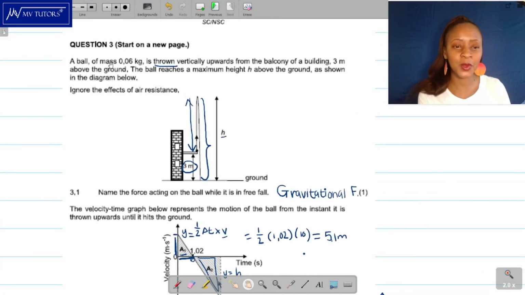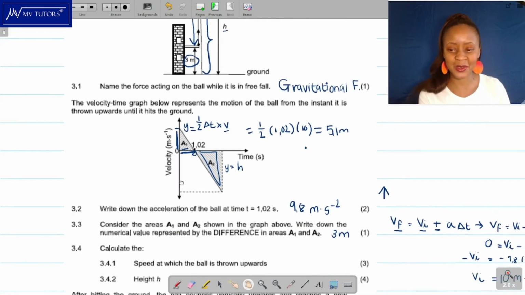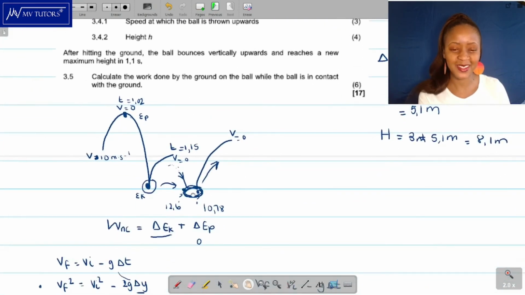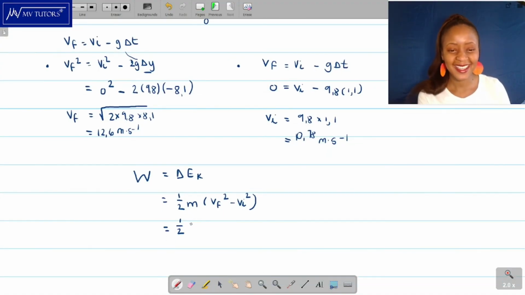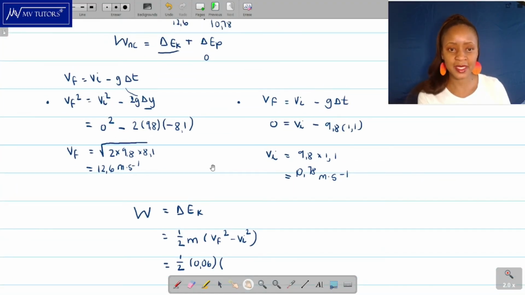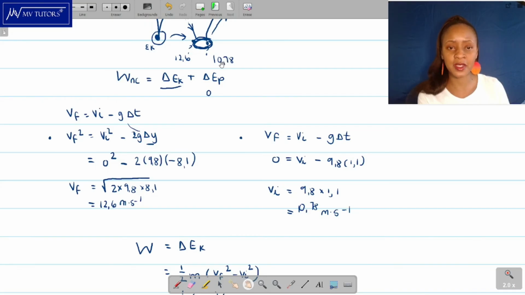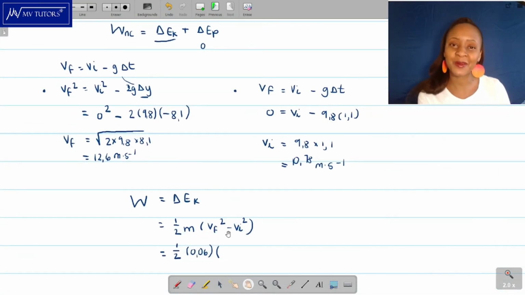So the mass of the ball is 0,06 kilogram. We use kilograms here, guys, not grams. And then our final velocity. So looking at our sketch here, our final velocity is 10,78. Initial velocity is 12,6. It helps to sketch, guys.